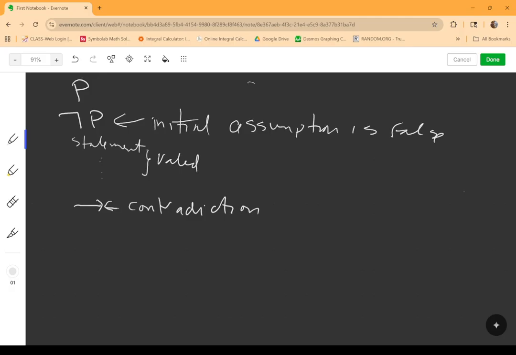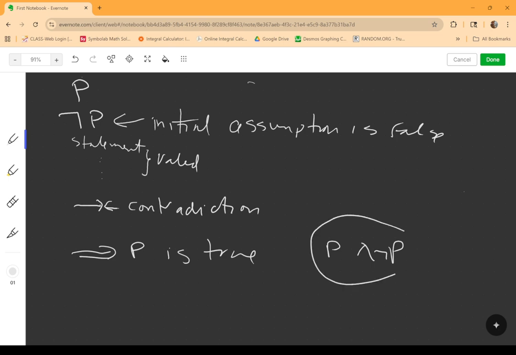In other words, not P is not true. So if not P is not true, that means that P must be true. Because remember, we would be proving P and not P, but that's impossible. Something cannot be both in P and not in P. That's where we arrive at our contradiction.